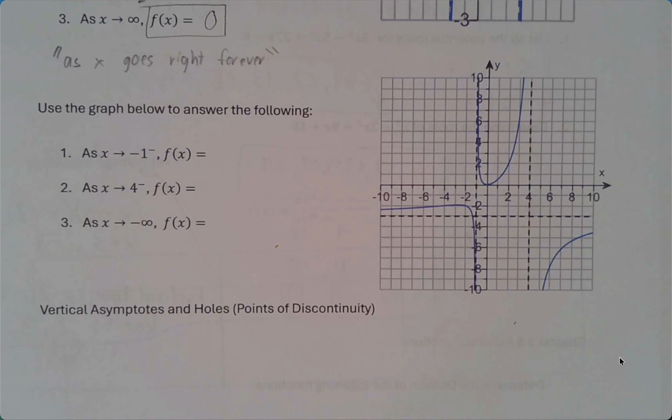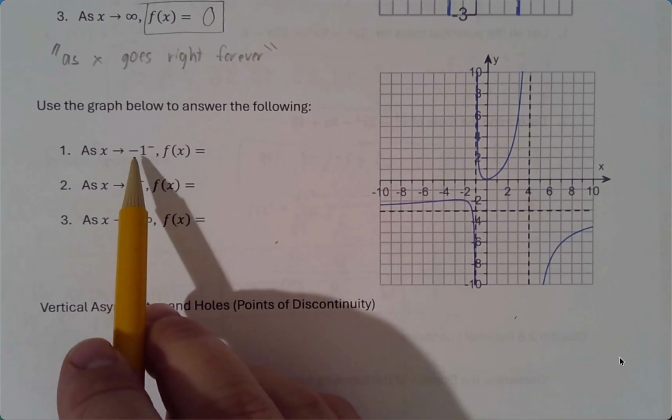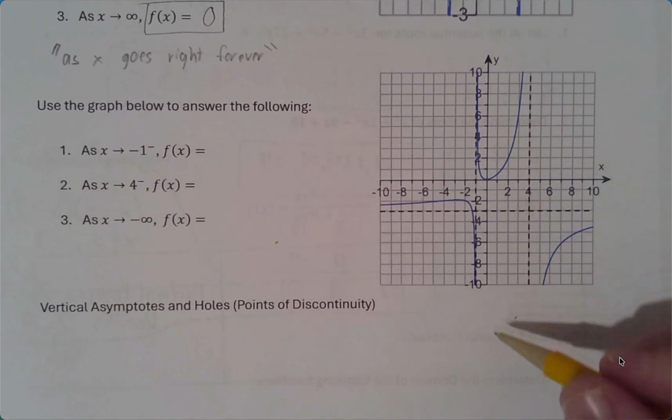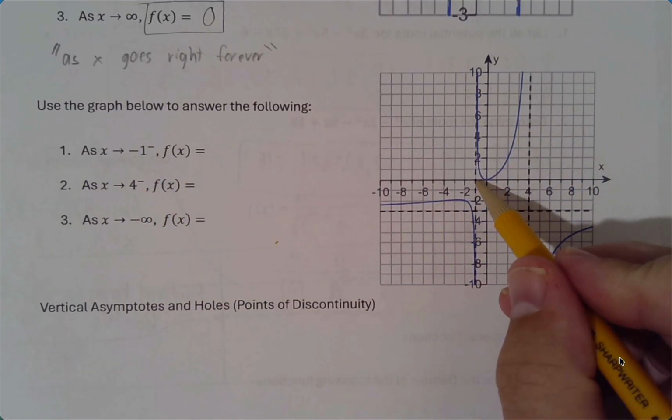Now I'm pre-reading to make sure I marked my asymptotes right this time, and I did. If I were you, I would maybe pause it for a minute and try these out. And I'm going to assume you did that. And here we go. So this one says negative 1 from the left. So where's my asymptote at negative 1? Here it is.